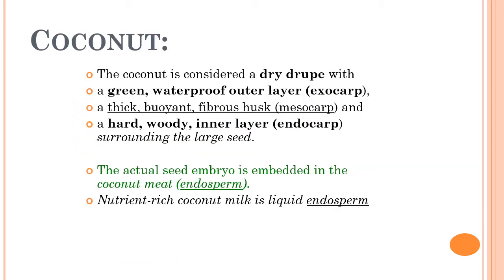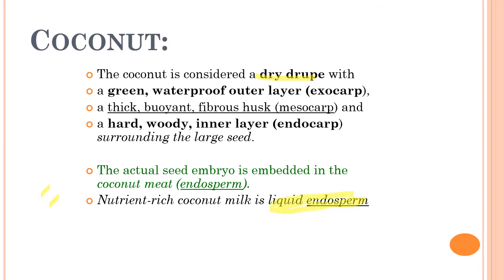How about coconut? Coconut is actually a drupe also, because the outside skin is soft, the mesocarp is soft, and only the endocarp is hard. That's why it is considered a drupe as well. The embryo is embedded in the fruit, and the drink, the coconut milk, is actually liquid endosperm.